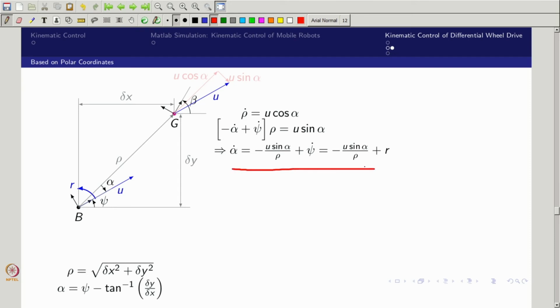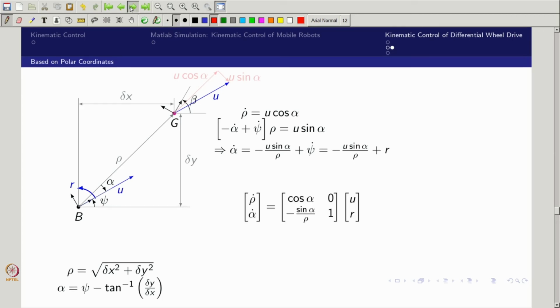I am first rewriting this equation in a bigger form, where the sin alpha and cos alpha I take into consideration. Now I can write it in state space form, and this state space form is supposed to be clarified. For that, if I choose U as minus k rho into rho, in the opposite direction, with k rho a positive value, and substitute that here, what does it look like?